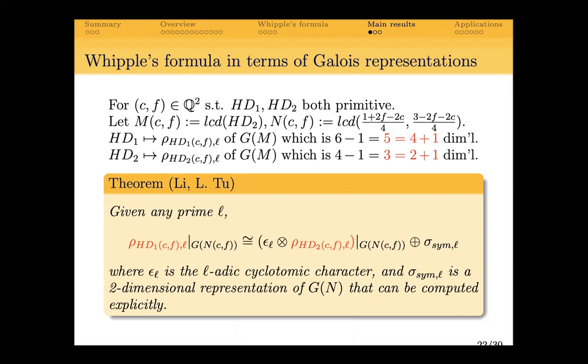Something 5-dimensional, as we mentioned to start with. After you do a suitable restriction to possibly an index 2 subgroup, it turns out it decomposes into 2 pieces. The first piece is 3-dimensional. Up to a Tate twist it is the right-hand side. And additionally, there might be a 2-dimensional Galois representation, right?